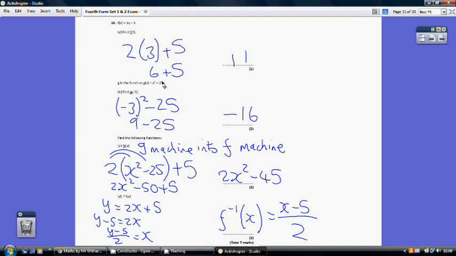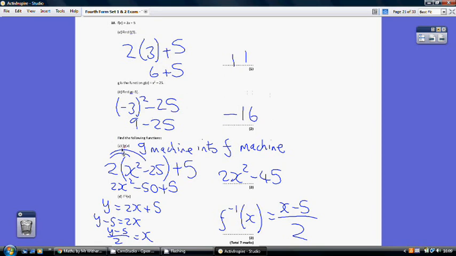So popping minus 3 into this. Now be careful, minus 3 squared is plus 9, and minus times a minus is a plus. So if you're going to rely on your calculator to work that out for you, you must protect the minus. You must put the minus 3 in a bracket before you square it. So it's 9 take away 25, which is minus 16.